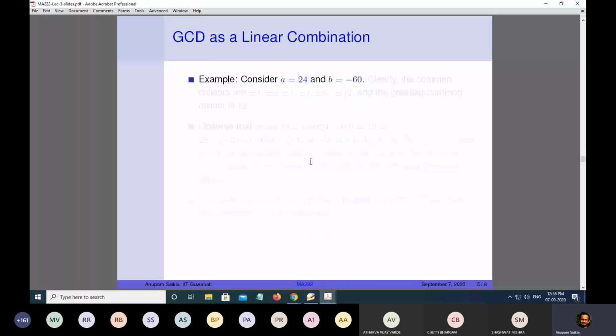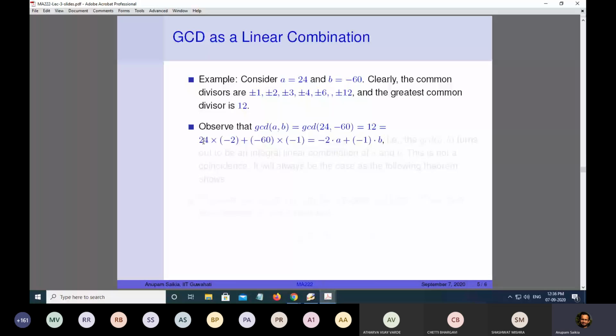So let's look at 24 and minus 60. Clearly, what are the common divisors? We can easily list them, and we see that 12 is the GCD. We observe that this GCD can be written as a linear combination of 24 and minus 60, because I can multiply minus 60 by minus 1 and 24 by minus 2. I get 60 minus 48, which is 12.